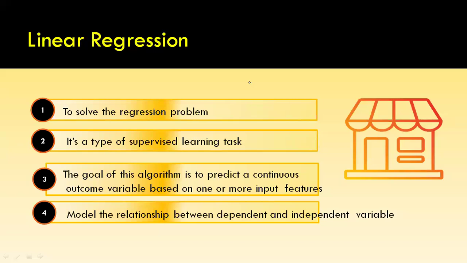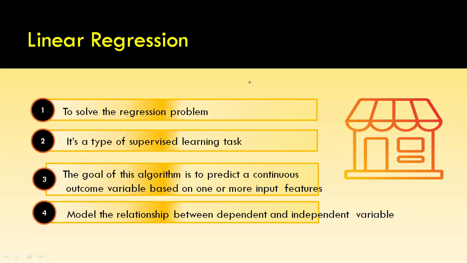Before that, we discussed the types of machine learning algorithm in the past session, and within supervised machine learning, we explored two types of problems: one is the regression problem, the other is the classification problem.